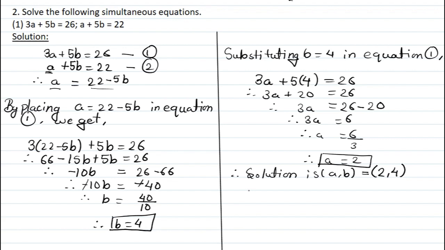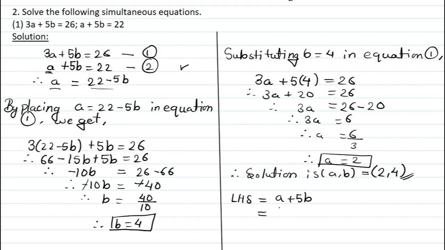You can cross-check this solution also. Just choose any one of these equations. Okay, let me select equation number 2. What you need to do? You need to write the LHS, that is the left-hand side of the equation, which is a plus 5 times b. Now, put the values of a and b which we got.